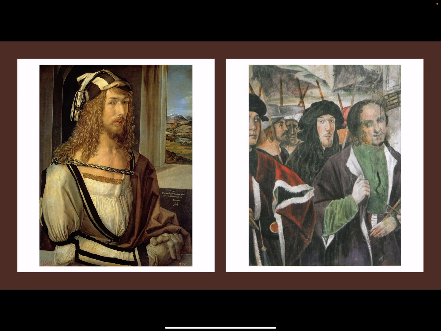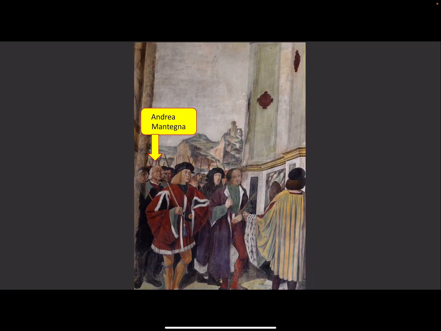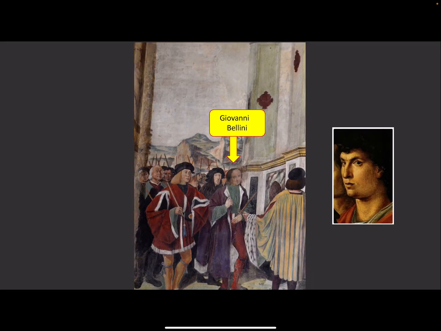And think about that: Giulio Campagnola painted Dürer's portrait in 1507, so for sure he met him in Padua. Next to Dürer there is Giovanni Bellini, the Venetian painter. Here we can compare Giulio Campagnola's portrait with a self-portrait of Giovanni Bellini.